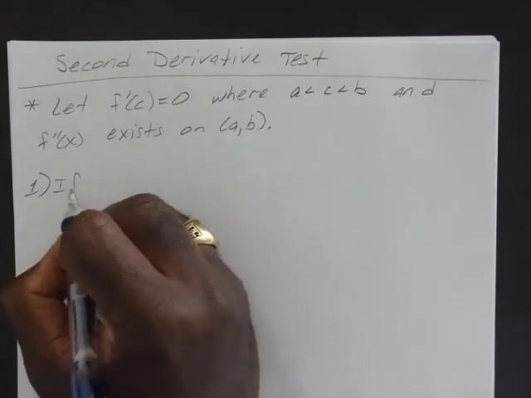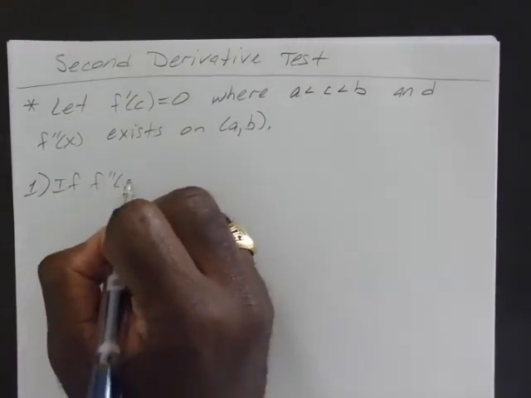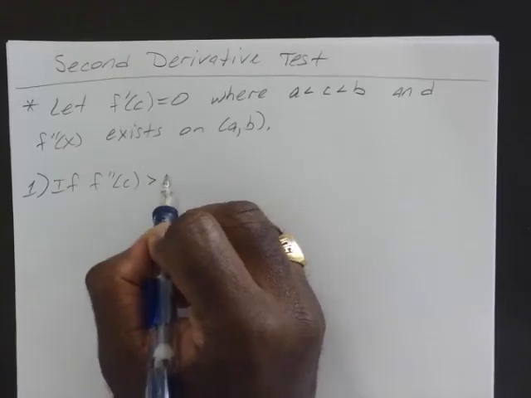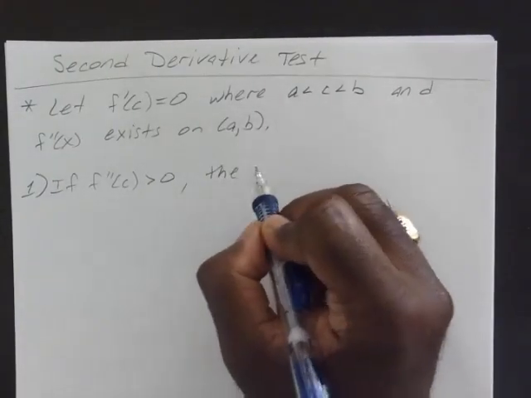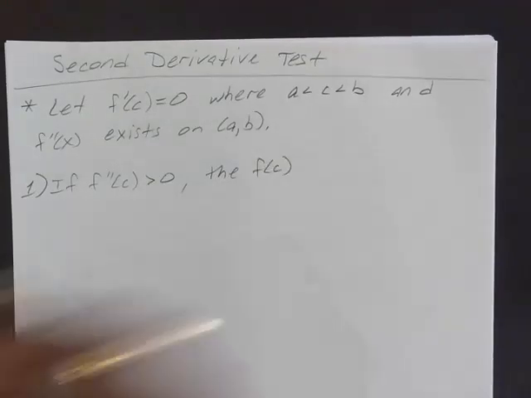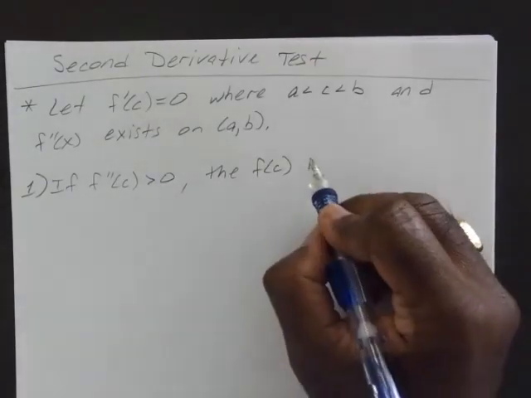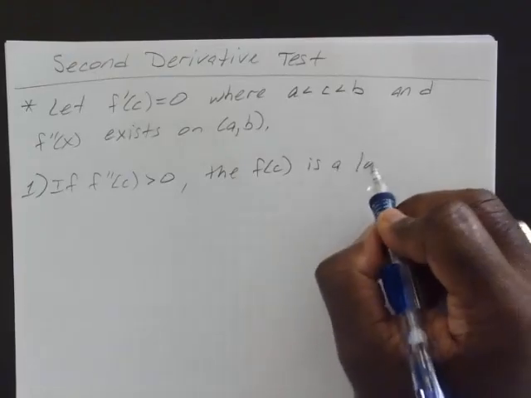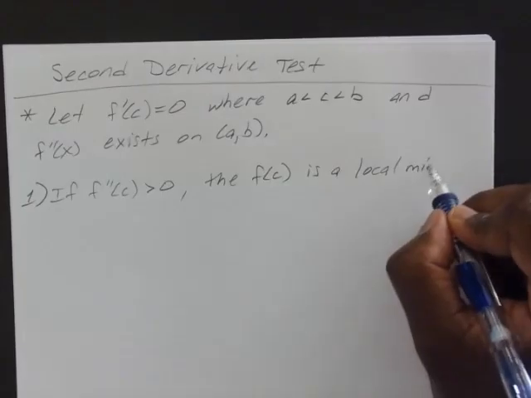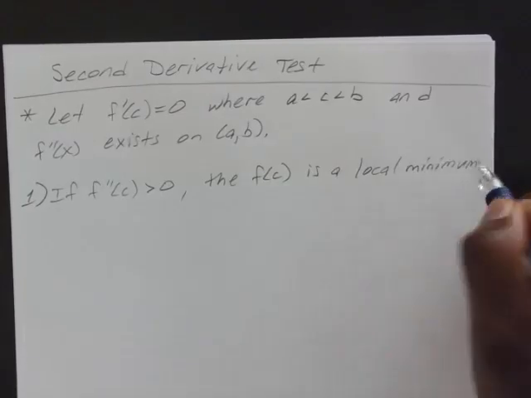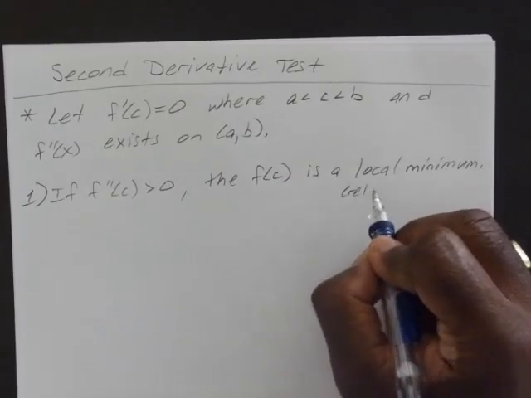Well, we know that if the second derivative at c is greater than 0, then the position function at c is a local minimum. Or remember, it could be a relative minimum.